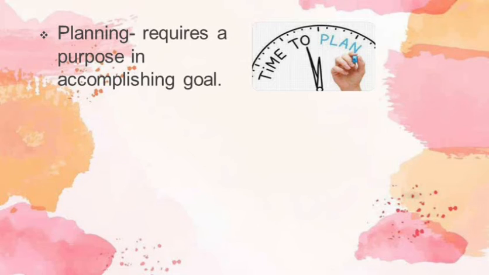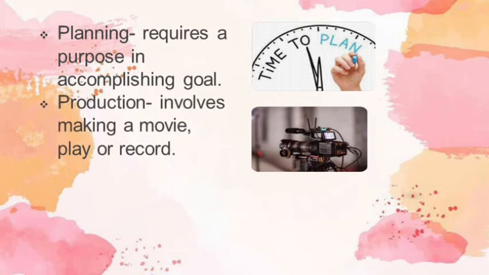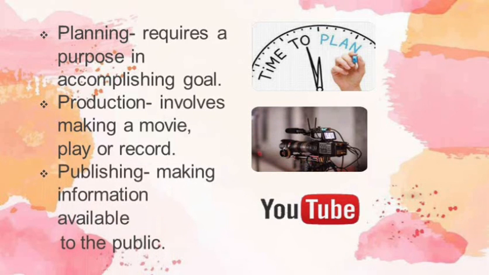This can be thought of as determining all the small tasks that must be carried out in order to accomplish your goal. Next is production. This involves making a movie, play, or record. And lastly, we have publishing, making information available to the public.